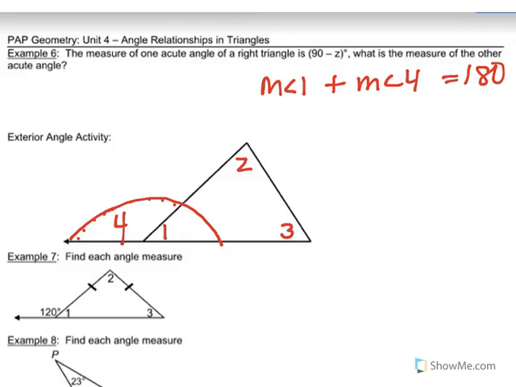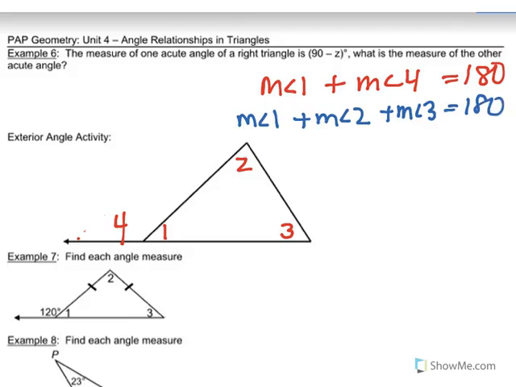Now let's see what else we know in this picture. I'm going to erase that linear angle right there. Now, inside the triangle, we have angles 1, 2, and 3. What do I know about those angles? We know they add up to 180, so I'm going to write that down. We say the measure of angle 1 plus the measure of angle 2 plus the measure of angle 3 equals 180.